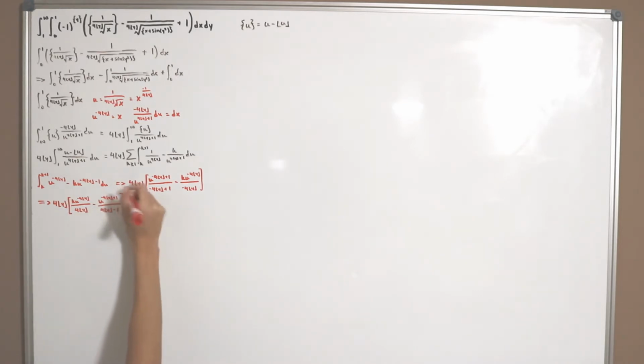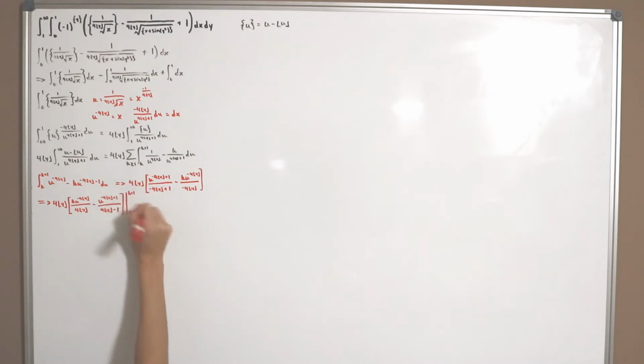And then this is being evaluated from k plus 1 to k. That looks a little crooked, but it's not really an issue.